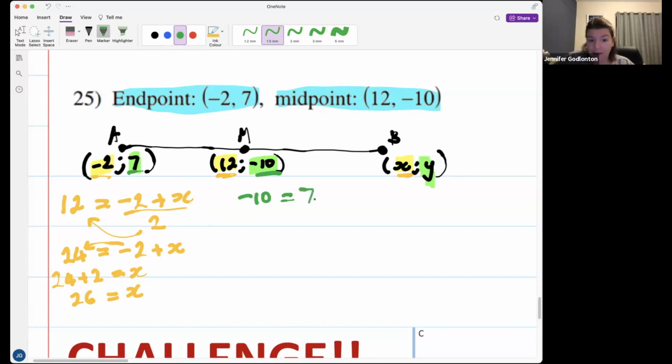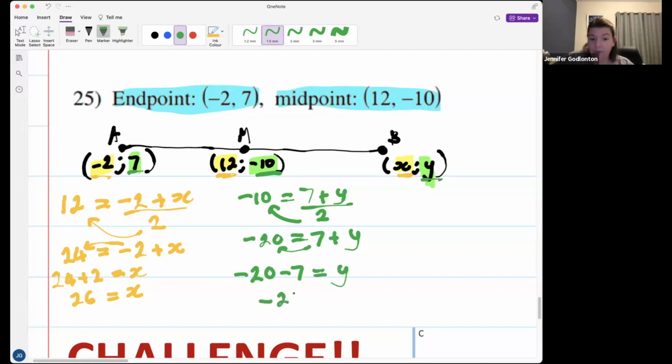Y1 is 7, Y2 is Y, and we divide it by 2. Multiply that 2 up. So -20 equals 7 plus Y. Move that 7 over. So -20 minus 7 equals Y, which means -27 equals Y. And so that means that the coordinates of B are going to be (26, -27).